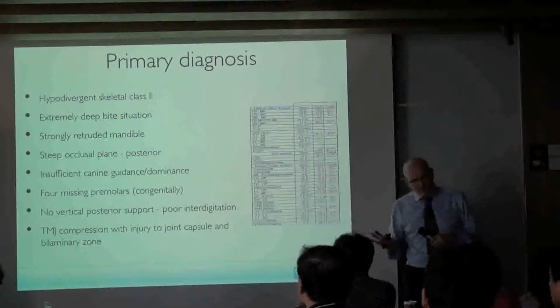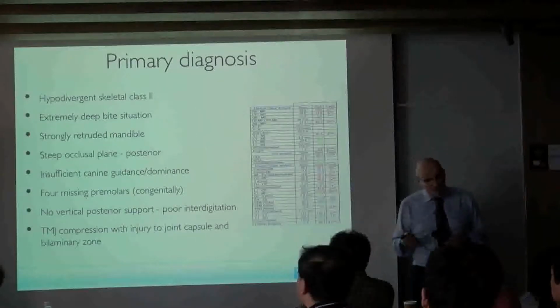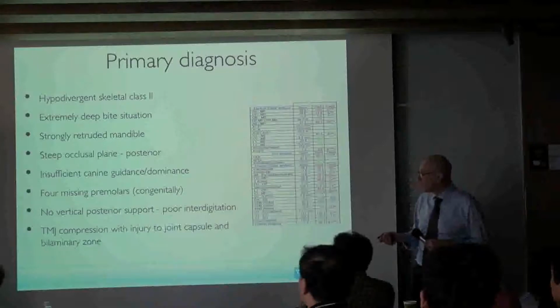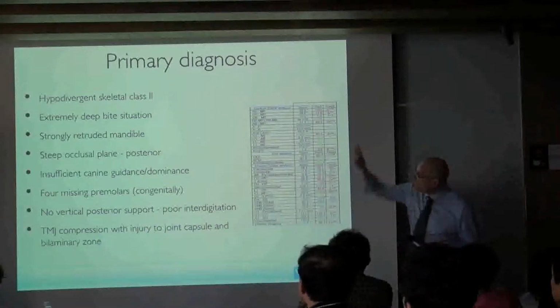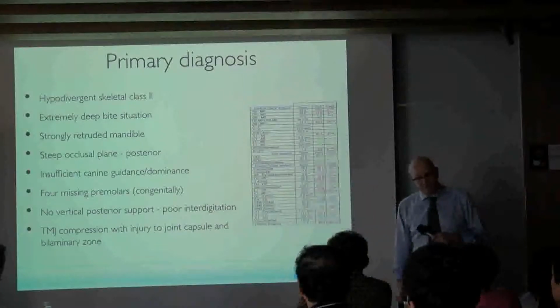No sufficient canine guidance in her case. 4 missing premolars. No posterior vertical support. And TMJ compression and an injured and irritated joint capsule. All these problems we have to take care of if we want to sufficiently treat this patient.